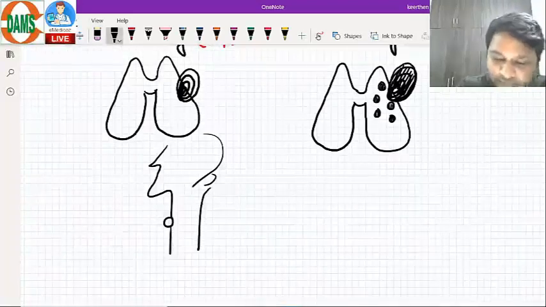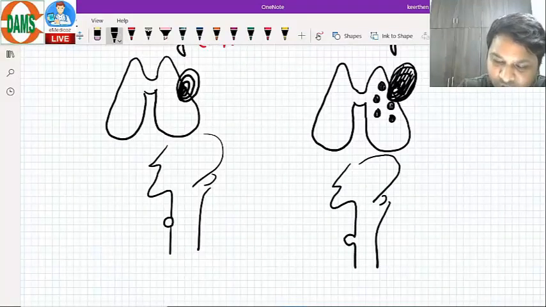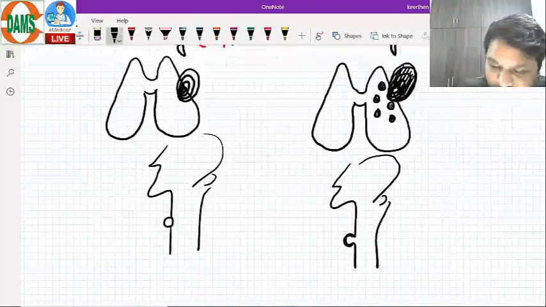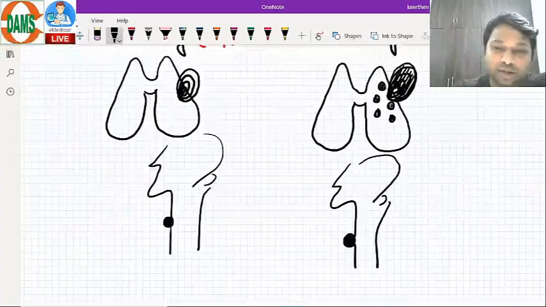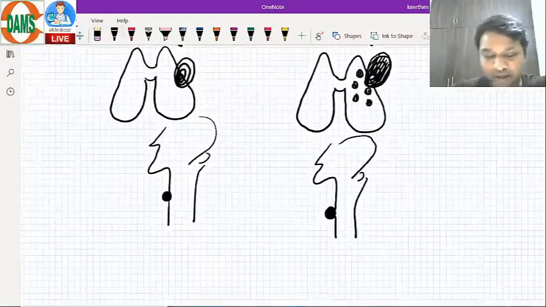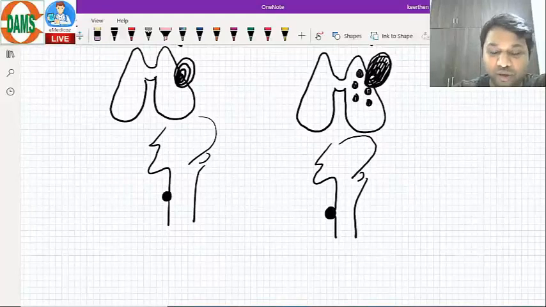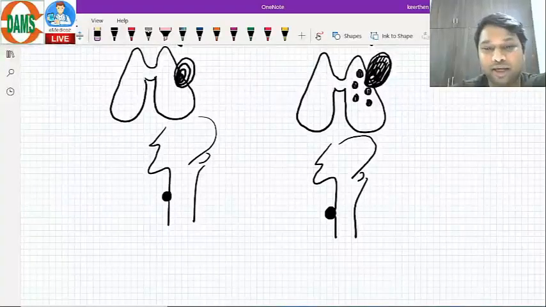Even in the patient who has a dominant thyroid swelling, because only one nodule is large, he'll also present like this only, right? So both of them are going to present with a single nodular swelling or a solitary nodular swelling. Looking at the clinical scenario, it is very difficult to differentiate between a dominant and a solitary thyroid nodule.